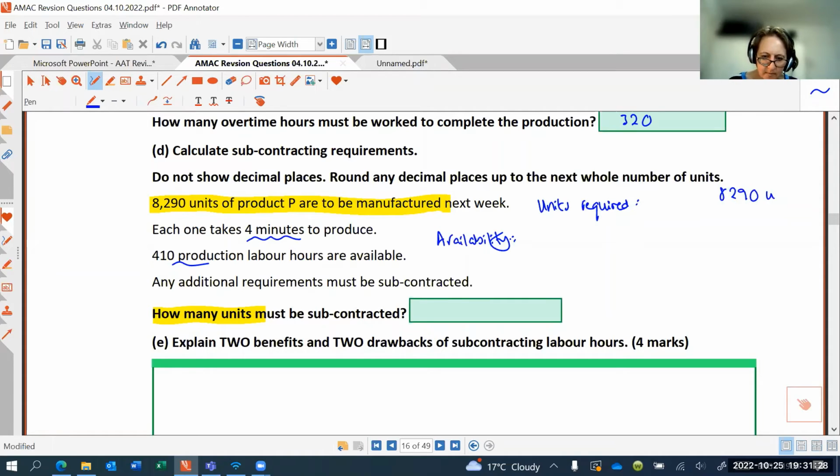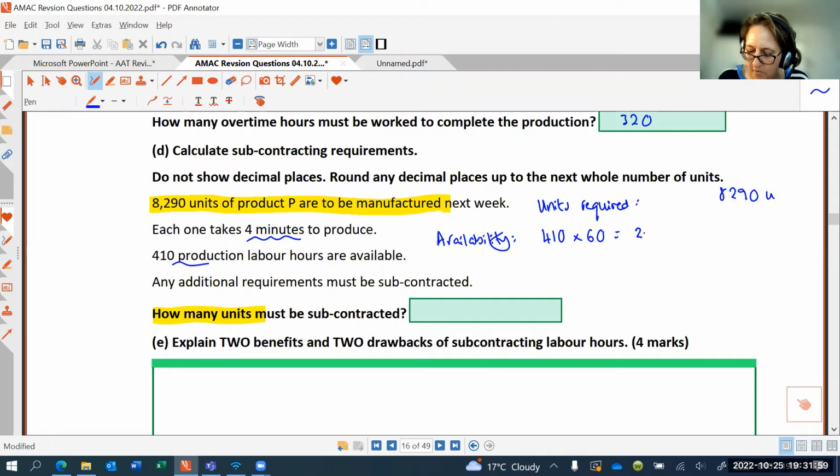Let's have a look. Right, what I think I'm going to do first is actually turn my hours into minutes, because these take 4 minutes to produce. So let me just turn this into minutes. We often don't work in minutes, but I think it's going to make it easy here. So we have available 410 times 60, because there's obviously 60 minutes in an hour.